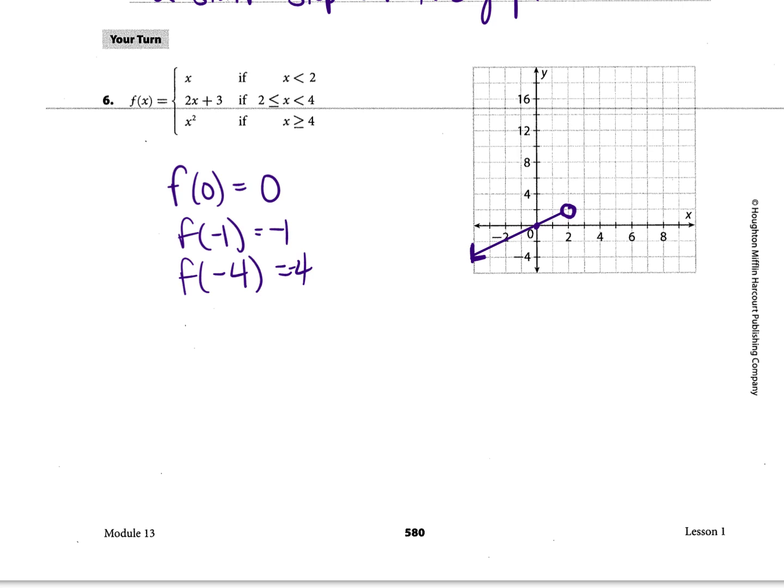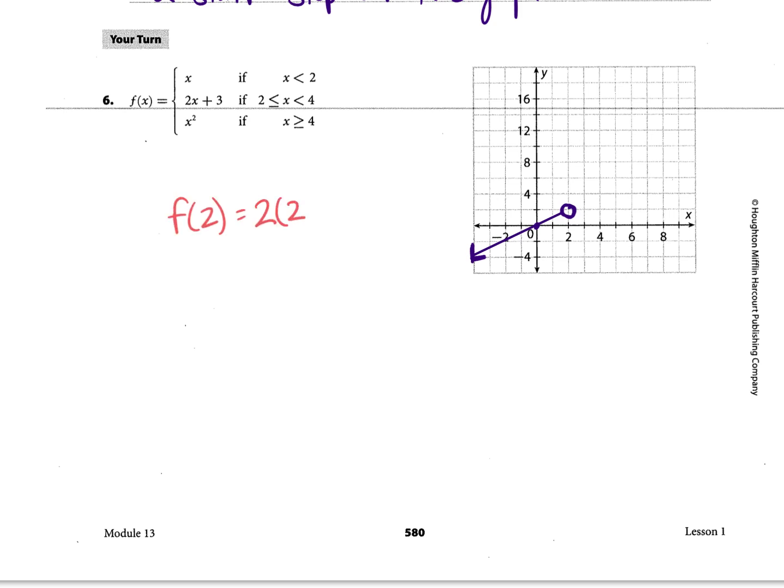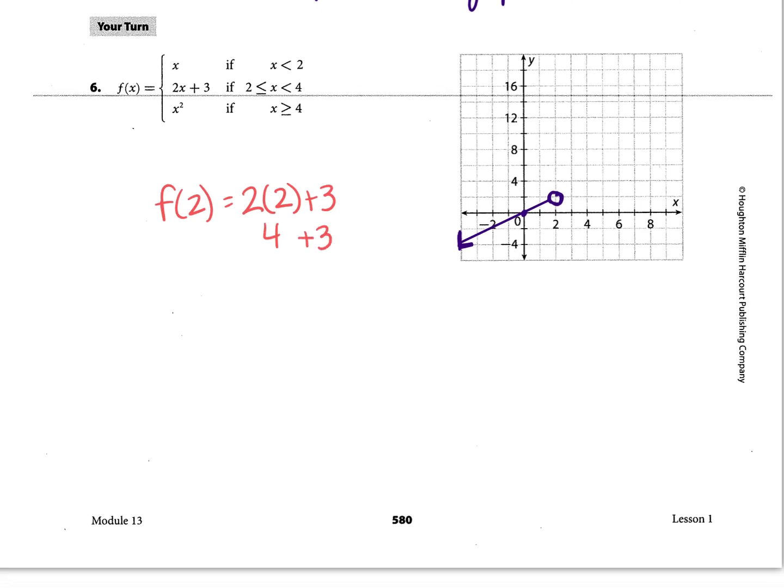Now we're going to look at the next set of rules for 2 to 4. At 2, we have an equals to symbol, so we get to use f of 2, which would be 2 times 2 plus 3. That would be 4 plus 3, telling us f of 2 is 7, which means when you plug in 2, you get out 7.